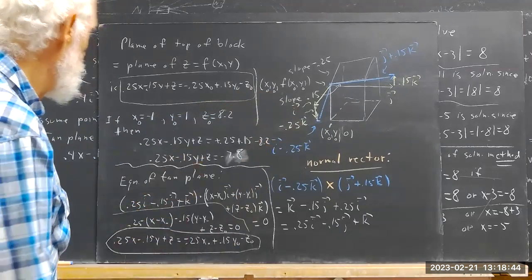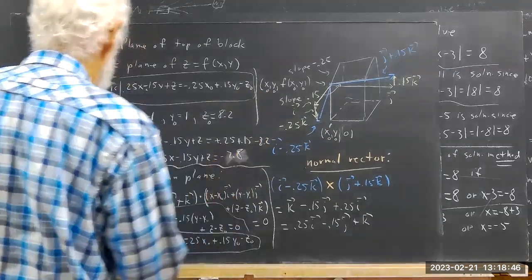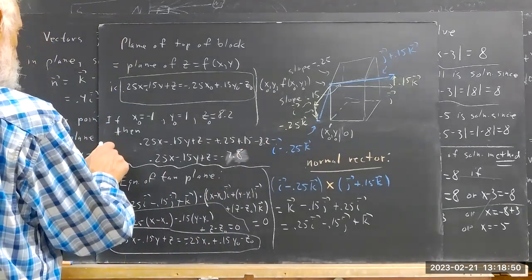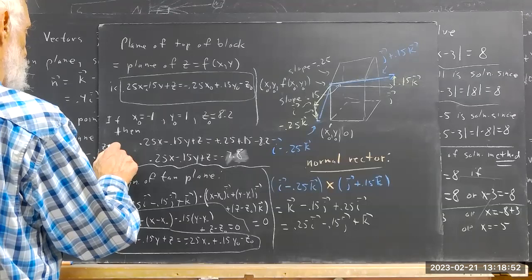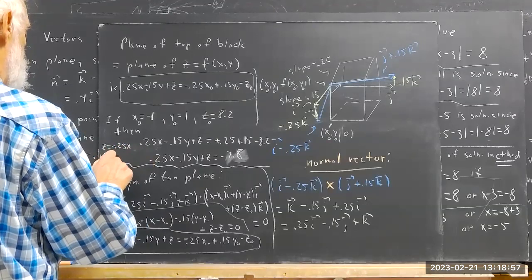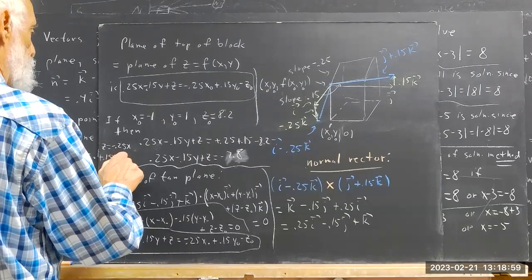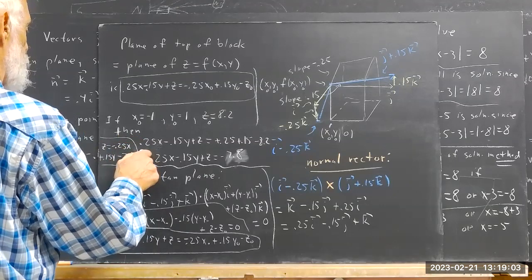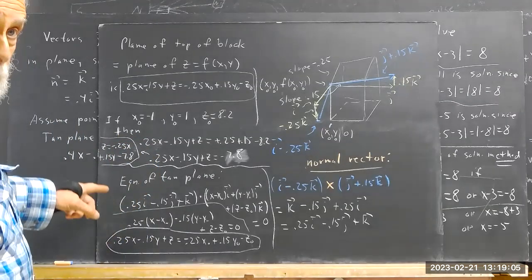So this equation could have been written, I'll write a small z equals, written a little bit small.